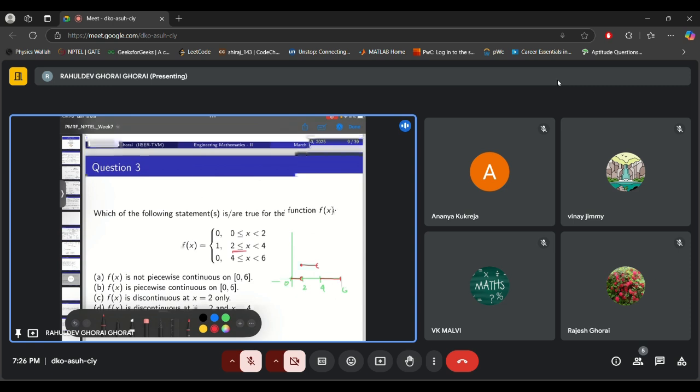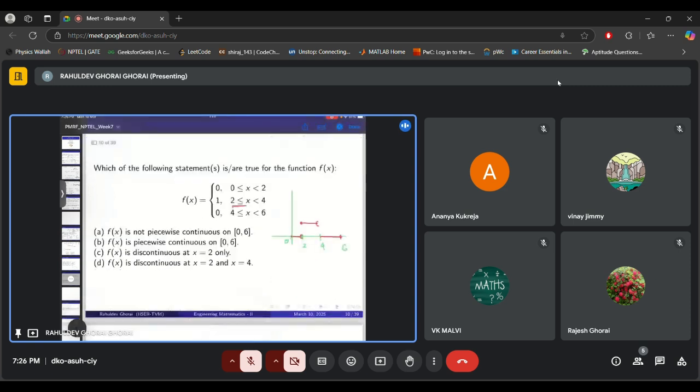Once you draw the picture you will see it is discontinuous at 2 and 4, because the right and left limits are not equal, right? It's very easy to see that. This one you have already done in class, how to evaluate the limit. If you approach from this side of 2, the limit value will be 1, and f of 2 is also 1, but they are not equal.